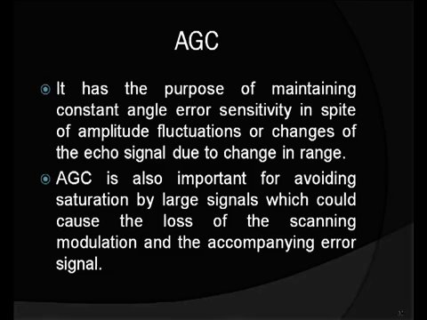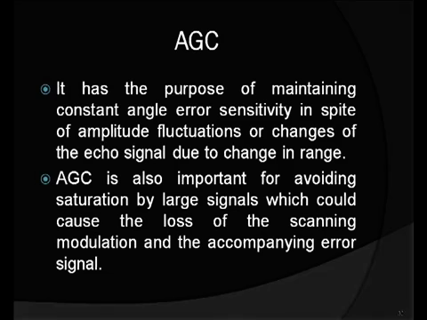AGC is a negative current supplied to the amplifier to adjust the gain so that the input fluctuations are absorbed by the variations of the gain of the amplifier, and hence the output will have uniform value. In that sense, AGC can be considered as an amplitude equalizer.